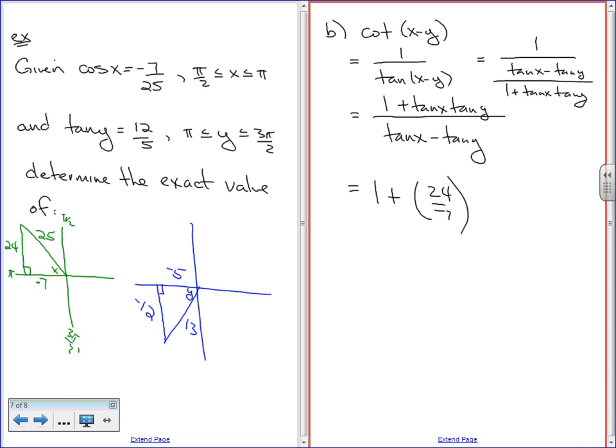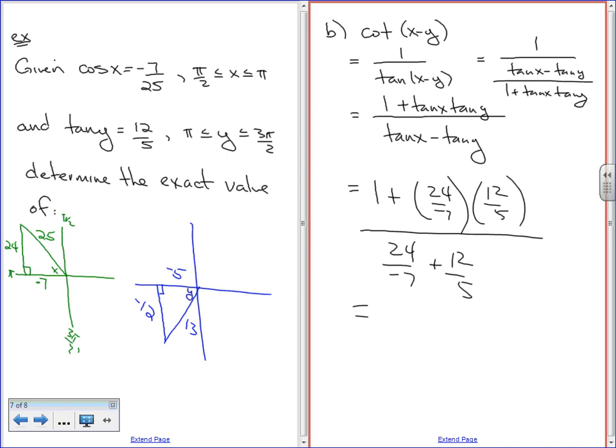So then, filling in the rest, the tangent of y is 12 over 5. And really, once you've done that and you're able to use SOHCAHTOA, the rest of it is just being able to use your BEDMAS skills.